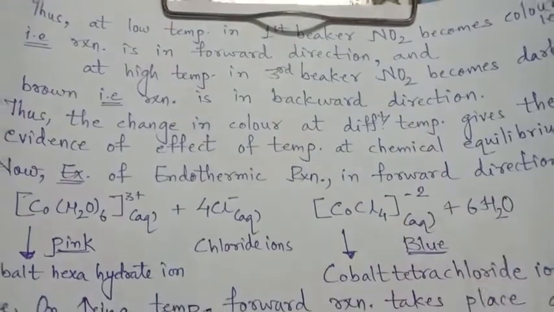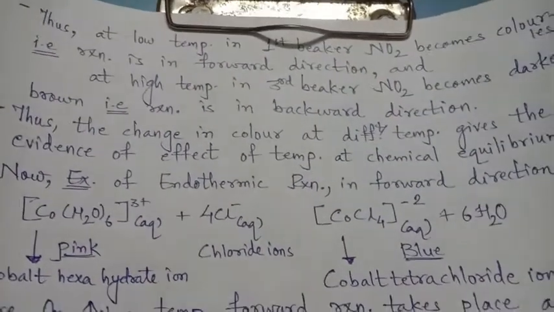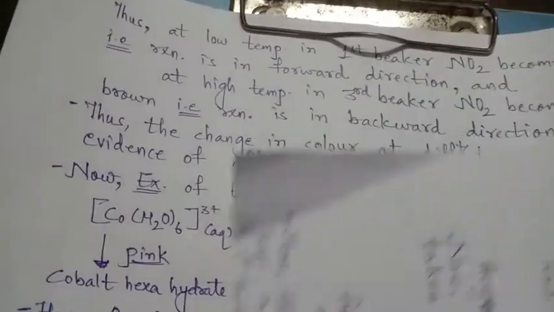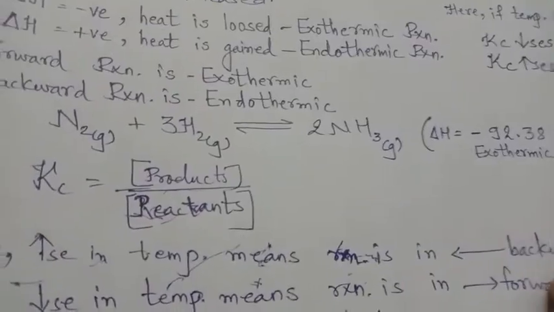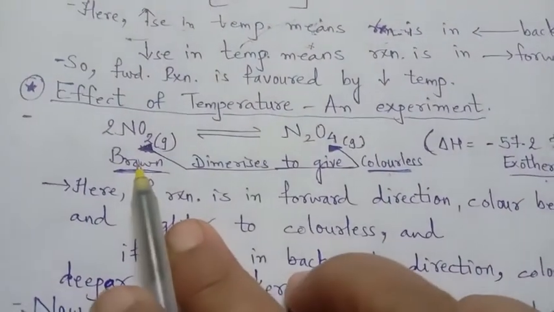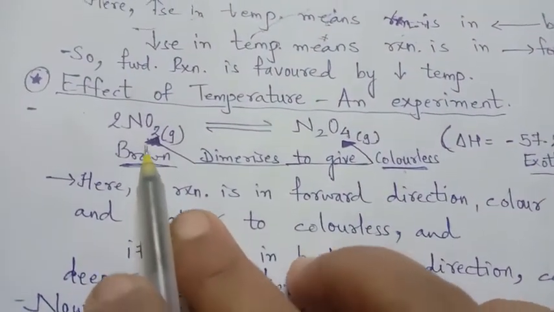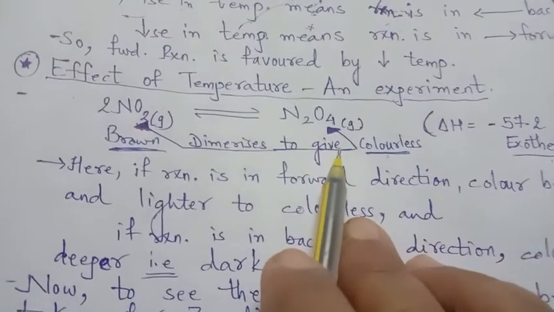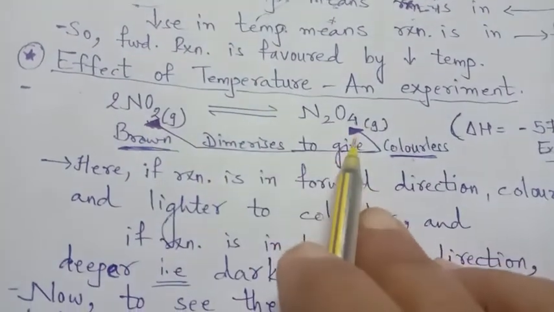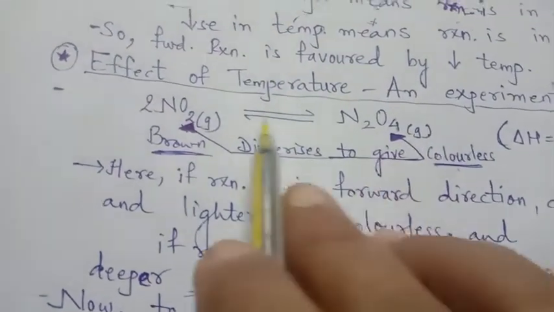If you remember the reaction, the product side is colorless, right? See here. The reactant side is darker brown, the product side is colorless. So if it is forward, it will give colorless. If it is backward, it gives darker brown color.